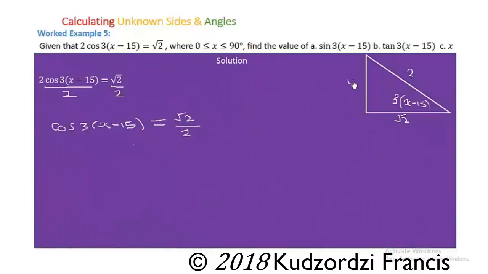So we represent the opposite with y. Then we must have y squared plus root 2 squared to be equal to 2 squared. So we must have y squared to be equal to 4 minus 2. So y is equal to the positive square root of 2. It should give us root 2 units.